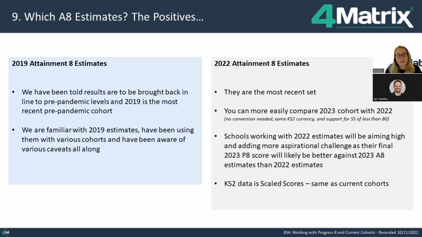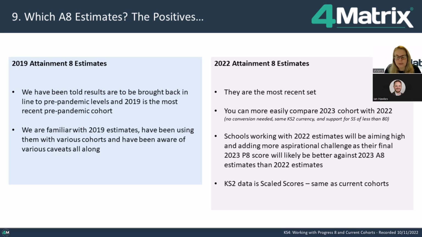Moving on to the positives of using the 2022 Attainment 8 estimates. They are the most recent set. We all got our hands on them during tables checking. You can more easily compare with last year. Schools working with 2022 estimates will be aiming high and adding more aspirational challenge, as their final 2023 Progress 8 score will likely be better against 2023 A8 estimates than 2022 estimates.